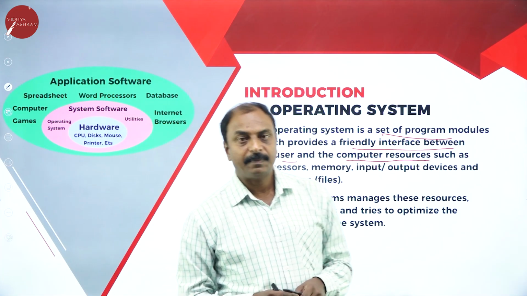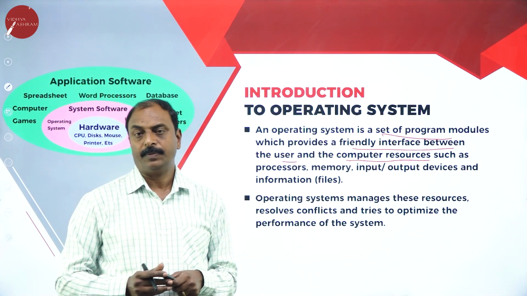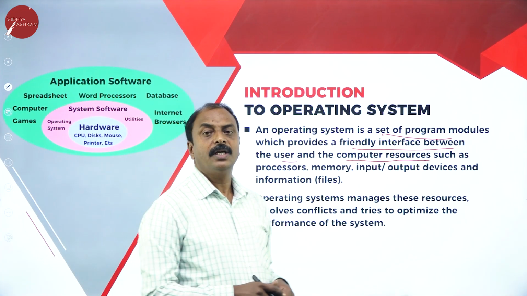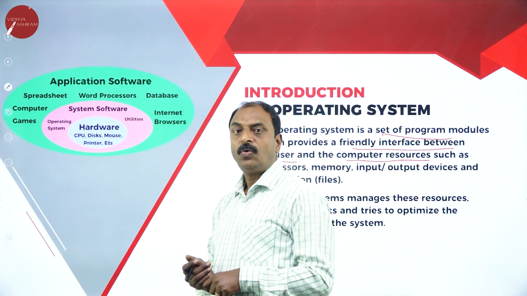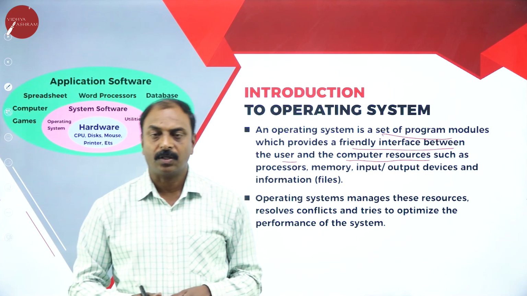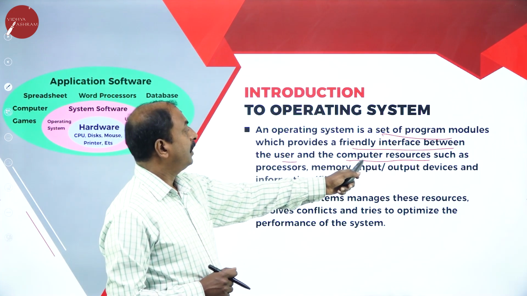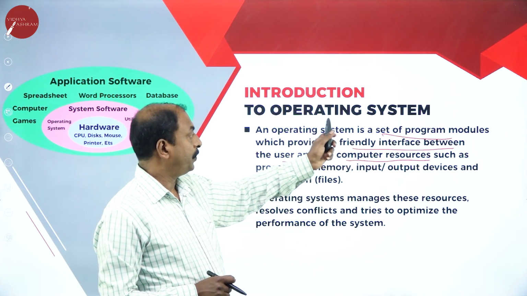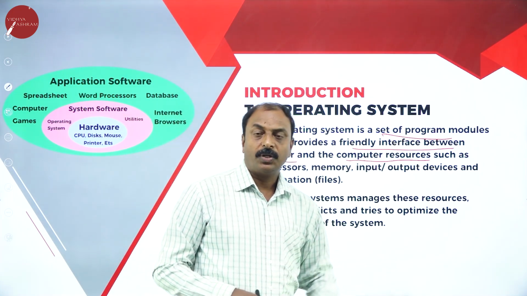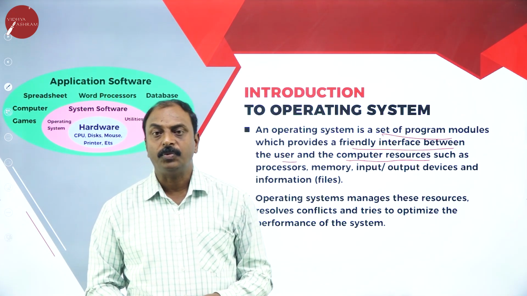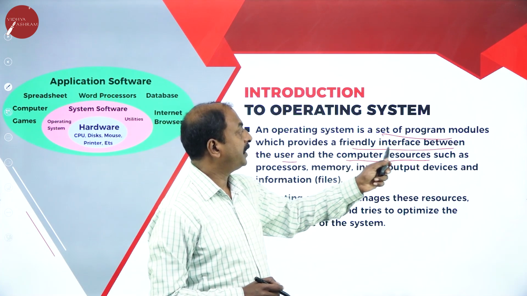At the beginning, we have seen that there are three components in a computer system: the hardware component, the software component, and the users. Who are users? One who uses the computer is called a user. So the user communicates with the computer through system software. That is an interface.